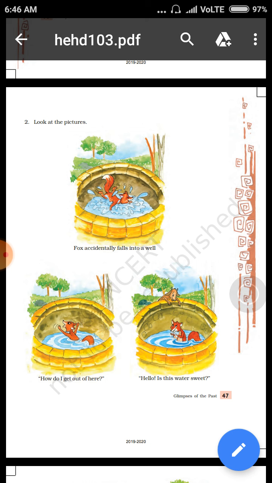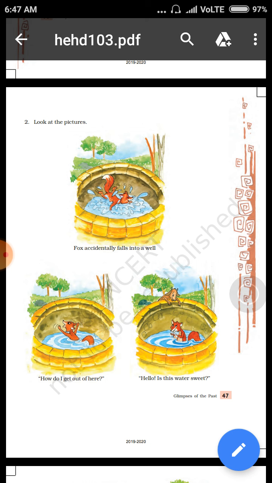Today we are going to discuss story writing in the writing section. You can recall the class in class 8. The name of the lesson was Glimpses of the Past.